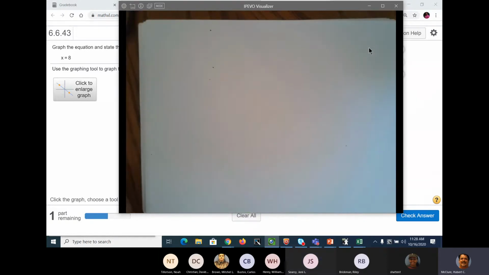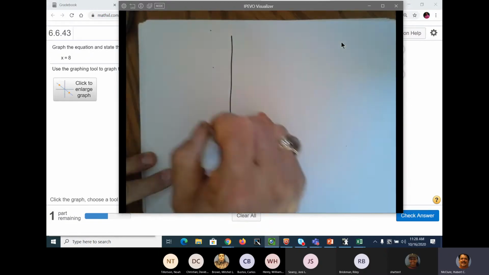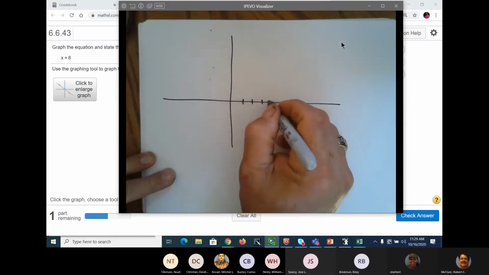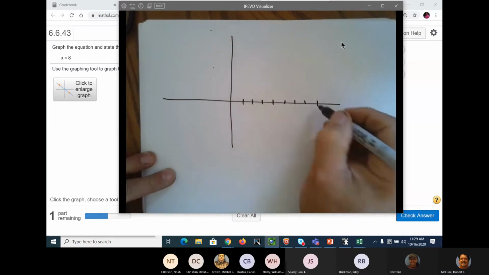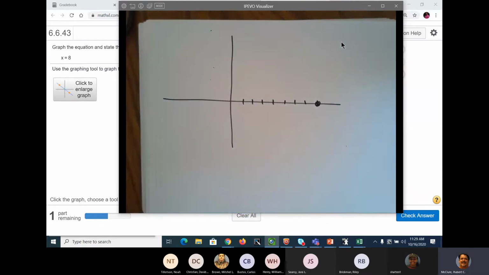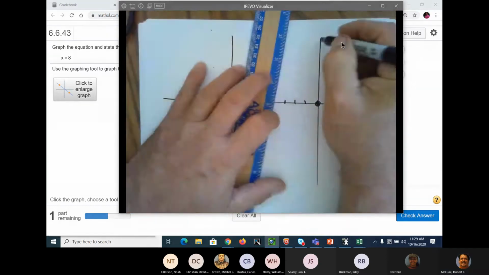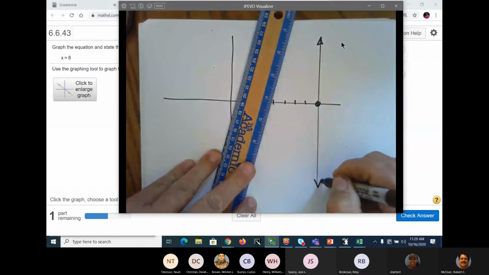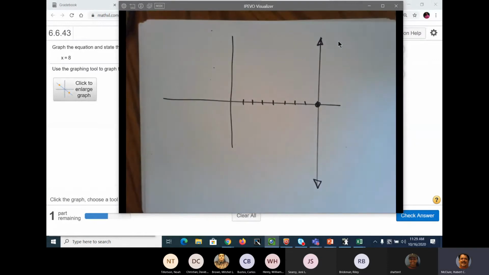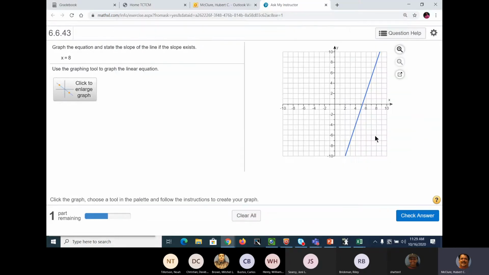So I need to locate x is equal to 8 and draw me a parallel line to the y-axis. Is that a test question? Oh, yeah, it's a test question, because I like to see how many people miss it. But that is a good test question.